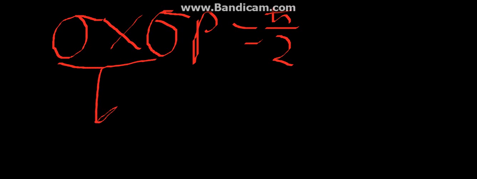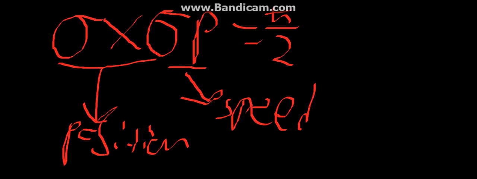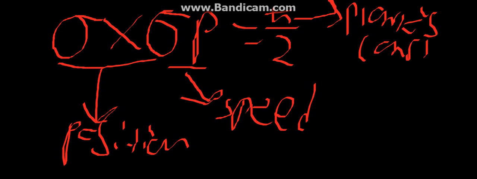This here is the position, and this here is the speed. So we want to find both the position and the speed. This here is h bar, or Planck's constant. Ooh, my handwriting's having a crazy day today. So that's Heisenberg's uncertainty principle dissected.